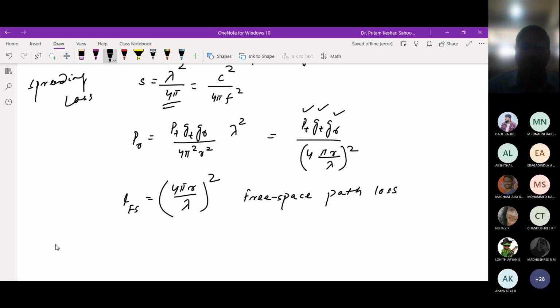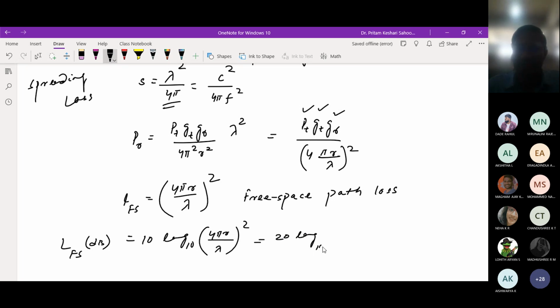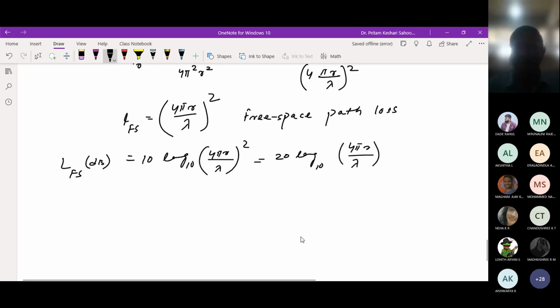Now, if you have to calculate the free space path loss in dB, then we can take 10 log base 10 of 4 pi r by lambda square, which is equal to 20 log base 10 of 4 pi r divided by lambda.